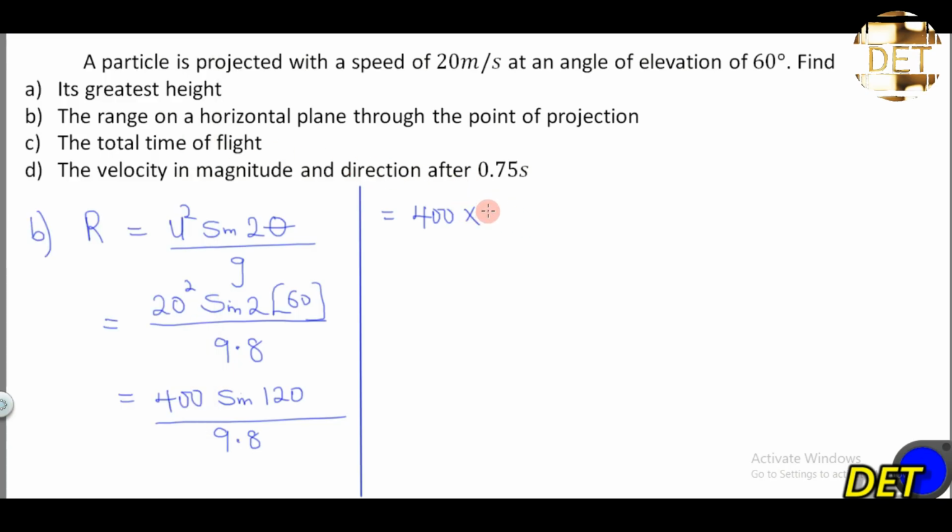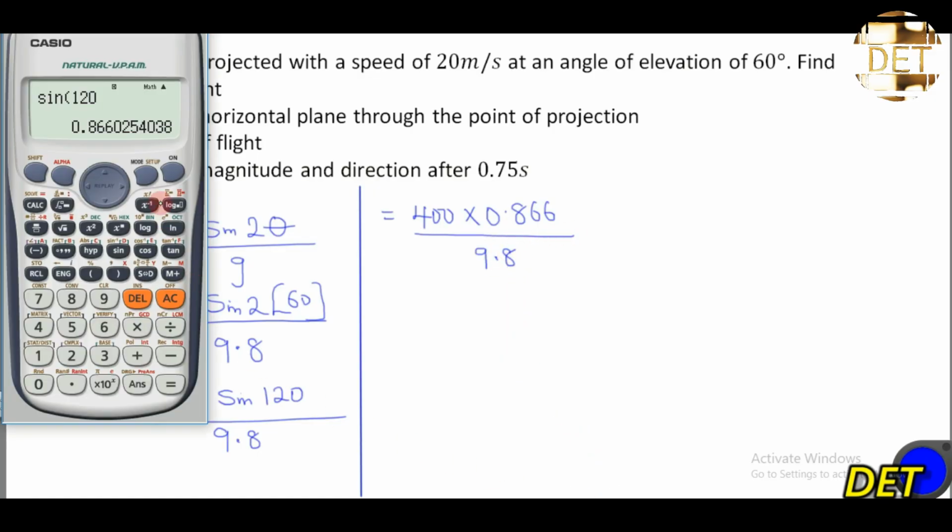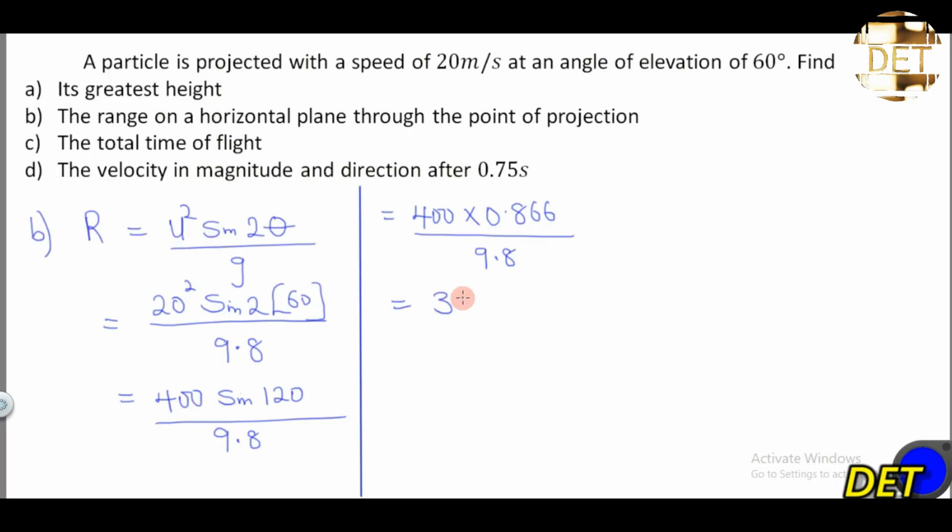So that is 400 times 0.866 divided by 9.8, which will be equal to 35.35. That will be equal to 35.35 meters. So my range is what?